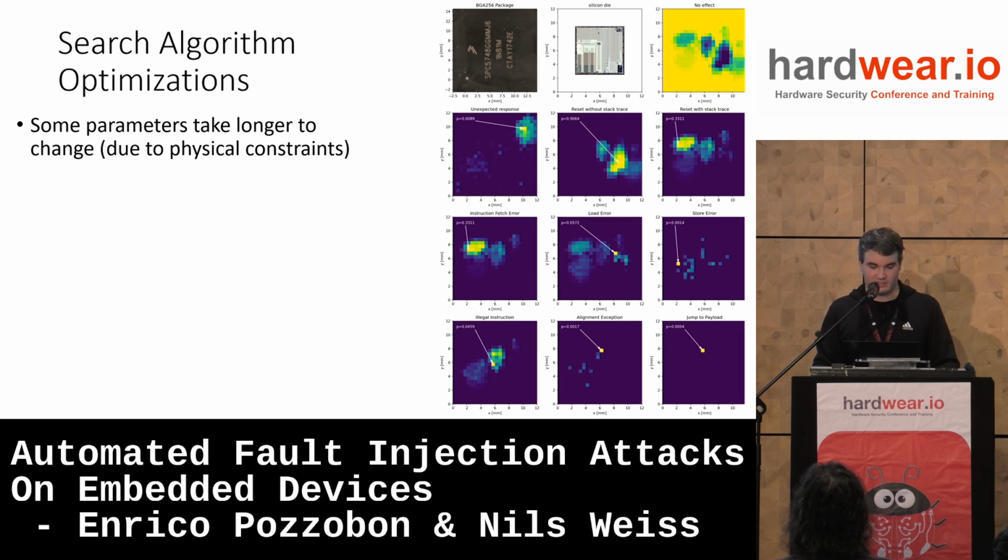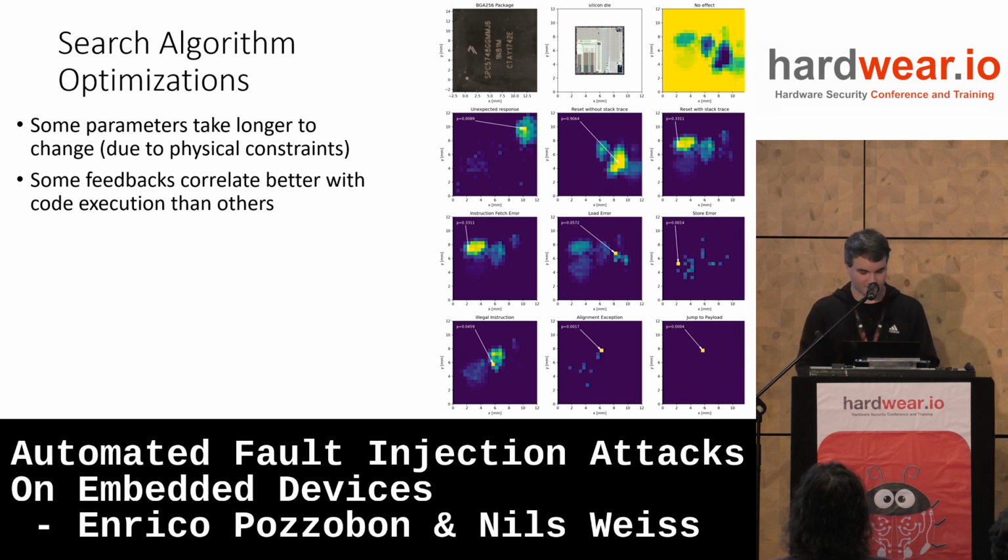So some notes about the optimization of this algorithm. Some parameters take longer to change than others due to physical constraints. For example, moving the CNC machine takes quite a long time compared to changing the time offset of the injection. So we try to group together the parameters so that we can have the highest possible fault injection rate.